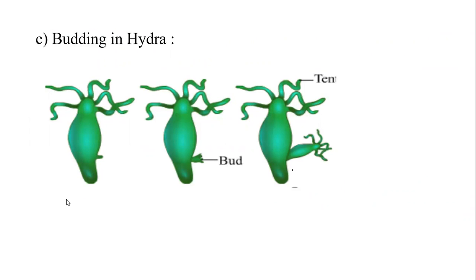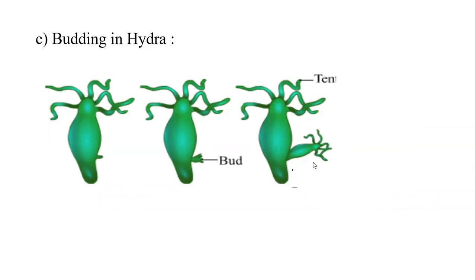Yes, first the parent hydra you can take. There is an external growth due to the continuous cell division at a particular point. Hydra forms an external growth. That external growth slowly becomes a bud. That bud, by continuous cell division, regenerates and develops as a baby hydra.